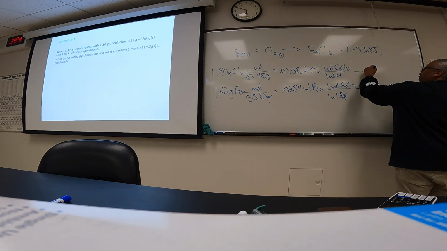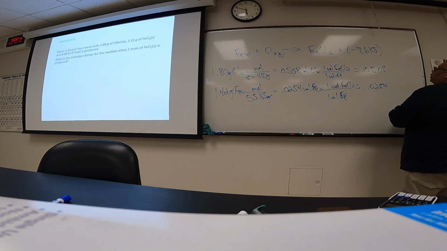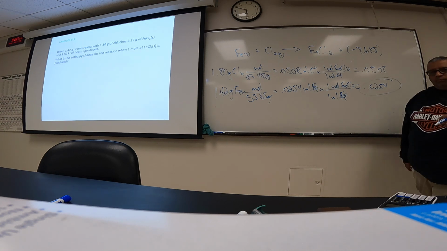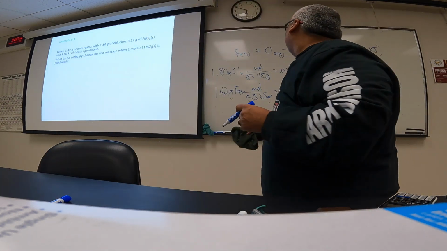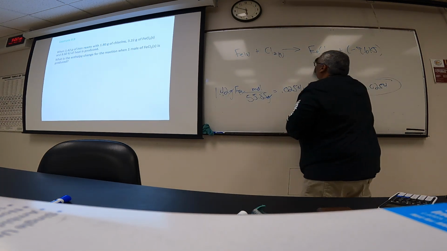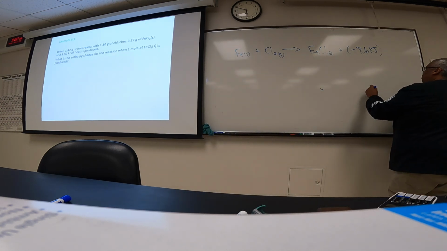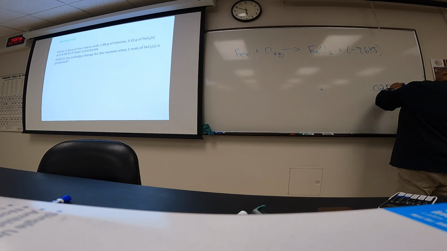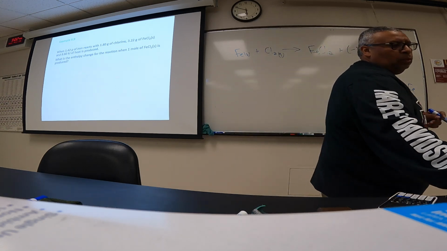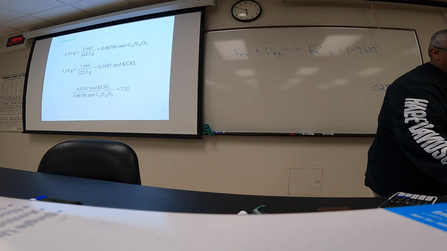We can easily see that 0.0508 is larger than 0.0254, so the limiting reactant here is going to be the iron. So we have 0.0254 moles of iron as our limiting reagent. Everything looks good.